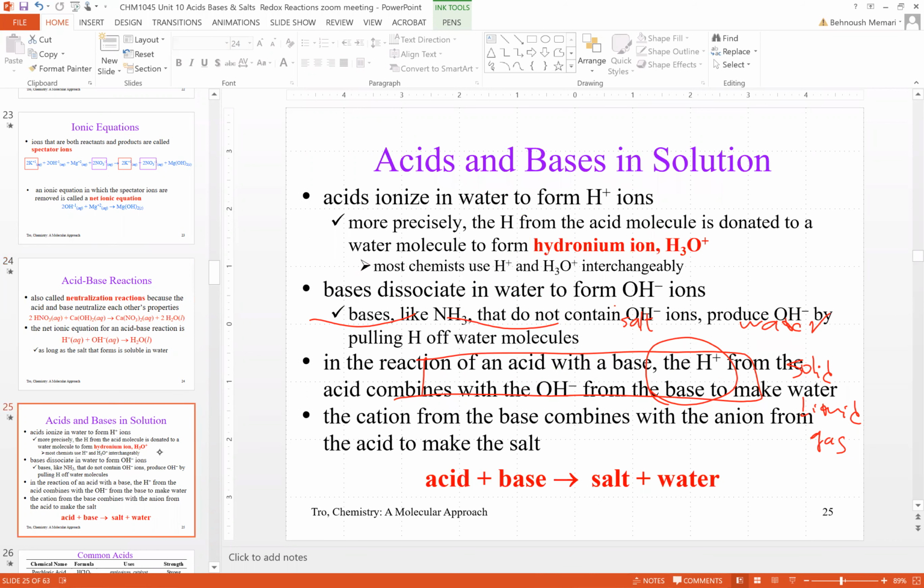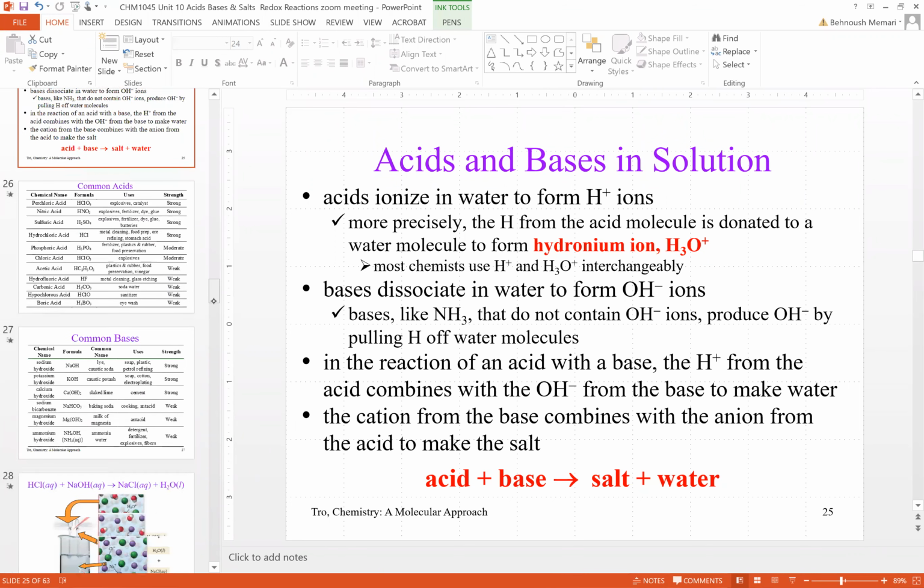The reason for H3O plus is that H is a small ion and it attaches itself to a water molecule to be stable. Because it's small, it cannot carry the plus charge. The base dissociates and gives hydroxide ion, and in an acid-base reaction, H from the acid with OH from the base is going to make water. The cation from the base with the anion from the acid is going to make the salt.